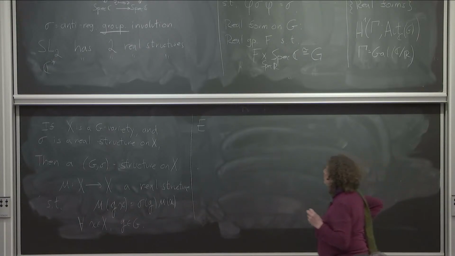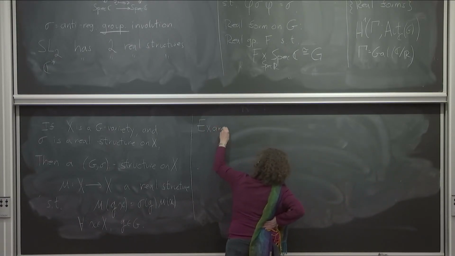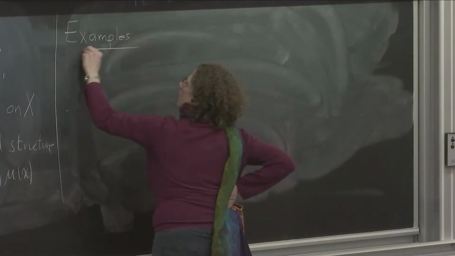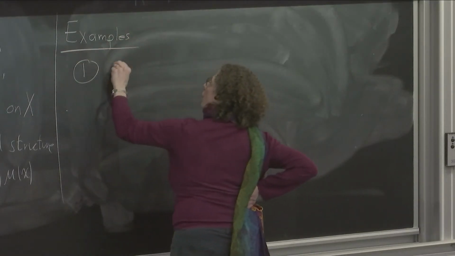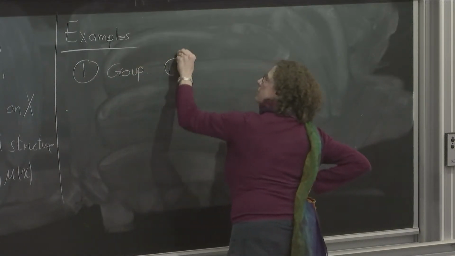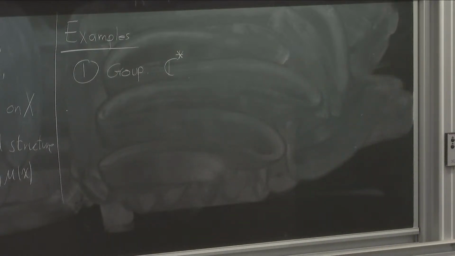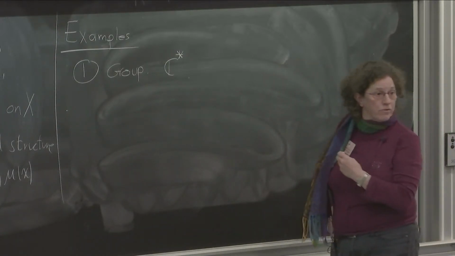Okay, so just some examples. I'll start with the group C star. Like I said, it has two real structures up to equivalence.